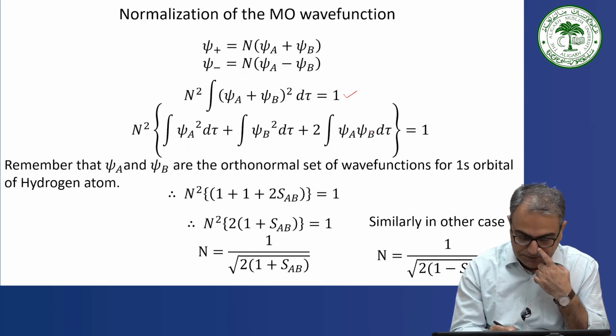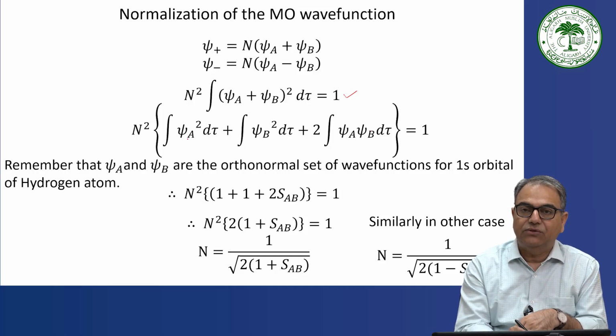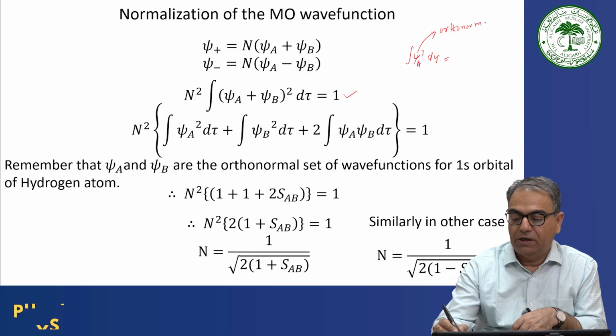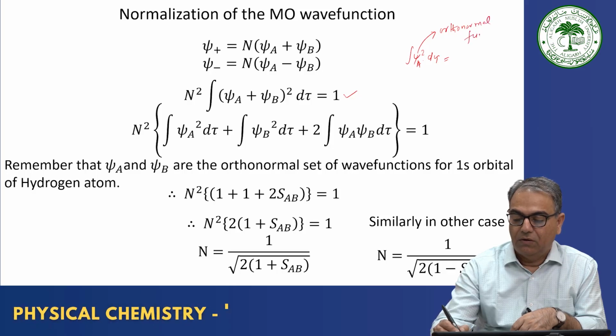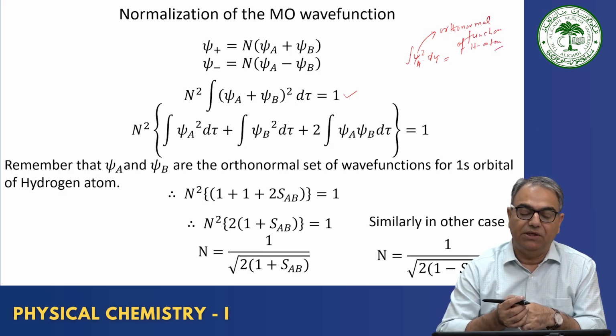As I talked about earlier also, psi A is an orthonormal function of the hydrogen atom. This you have to always remember, because we initiated with psi A and psi B.